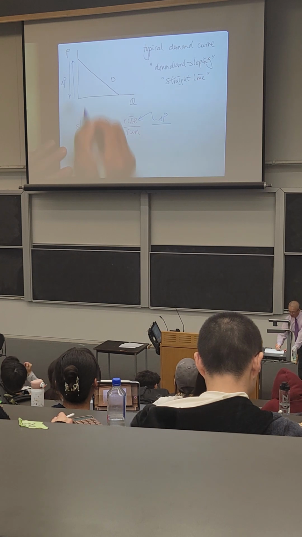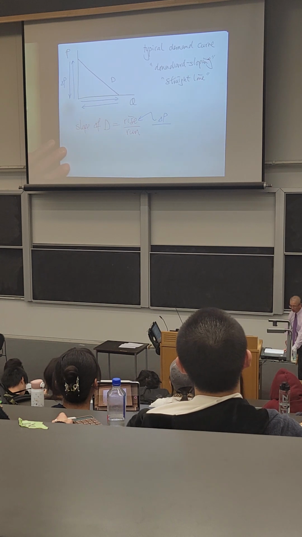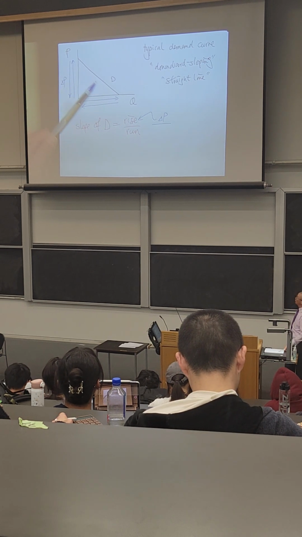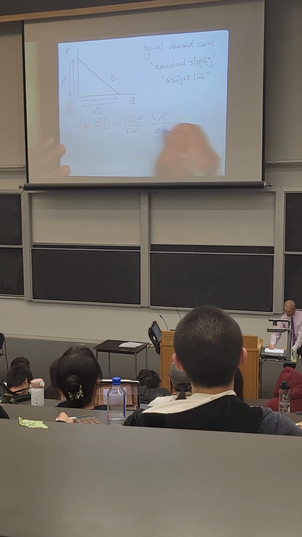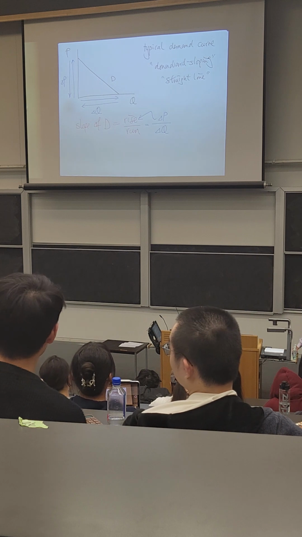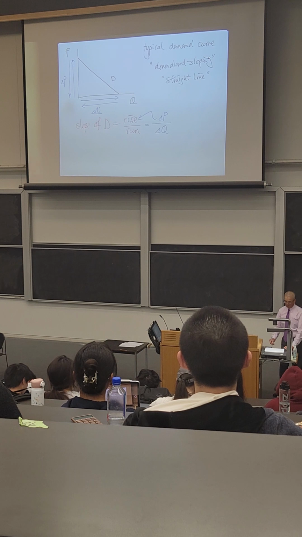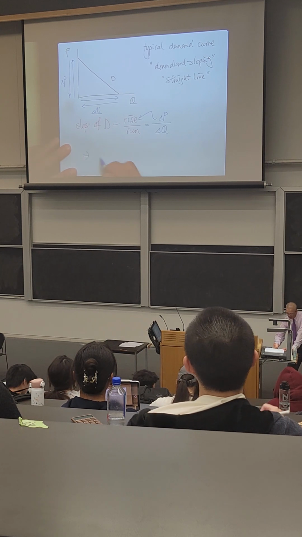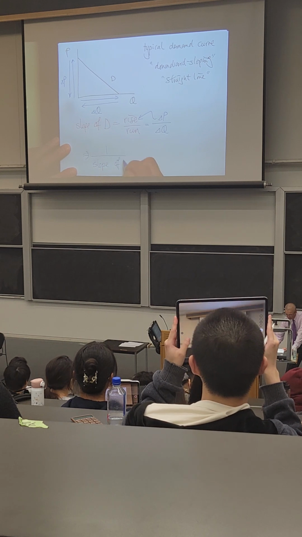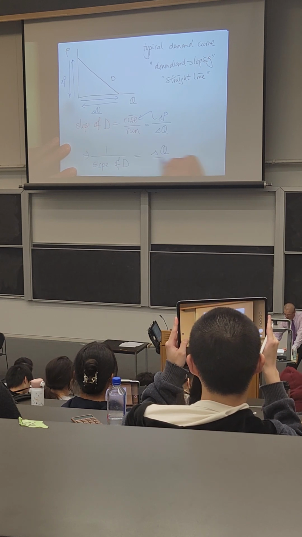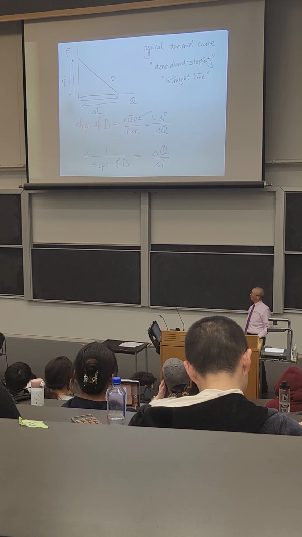The run is the movement horizontally, left or right, along the horizontal axis as we move along the demand curve. That is the change in quantity. And therefore, the slope of the demand curve is the change in P over change in Q. That implies the reciprocal of the slope of the demand curve is equal to the change in Q over change in P, when we flip the numerator and the denominator around.